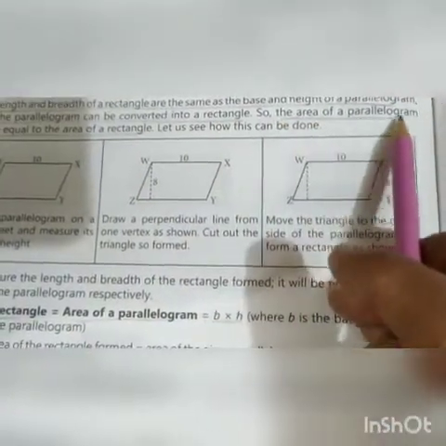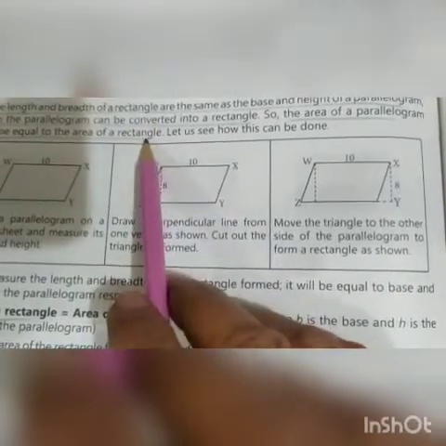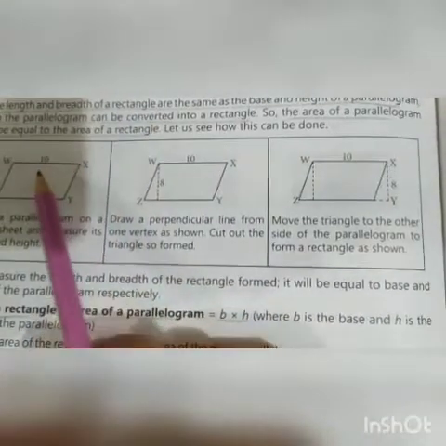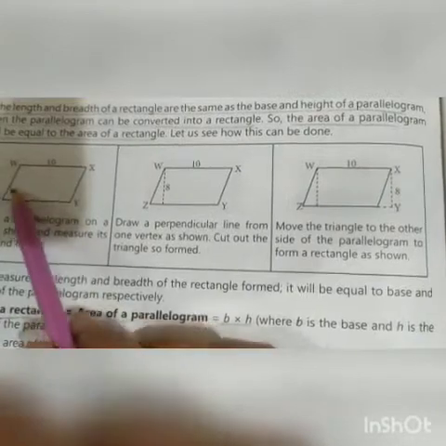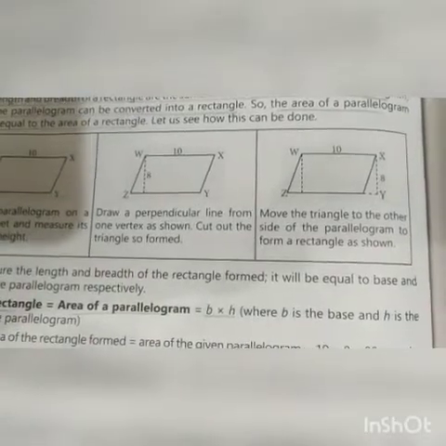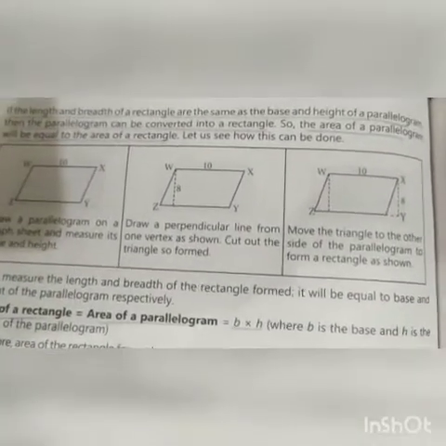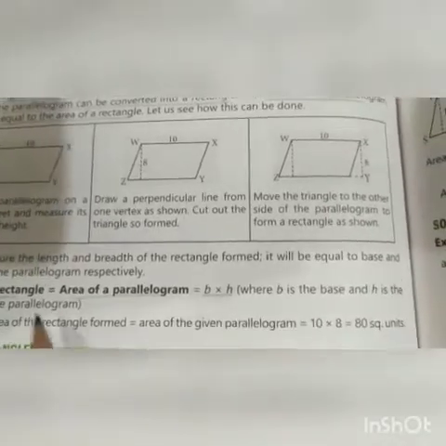So the area of a parallelogram will be equal to the area of the rectangle. Means, if the base and height of a parallelogram are equal to the length and breadth of a rectangle, then the area of rectangle is equal to the area of parallelogram.